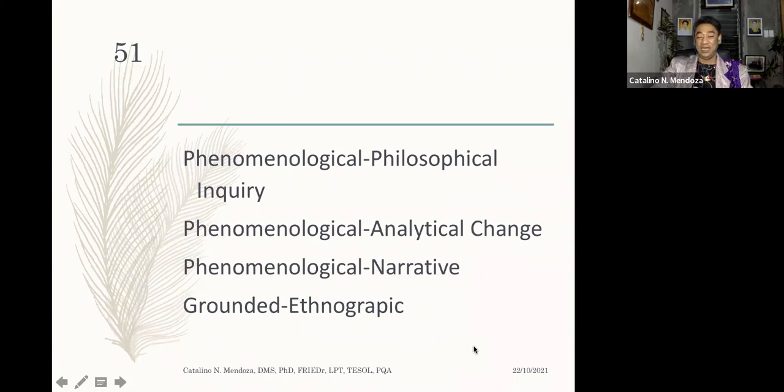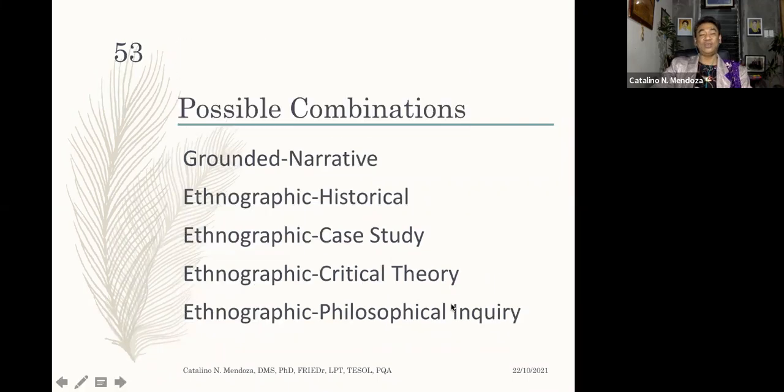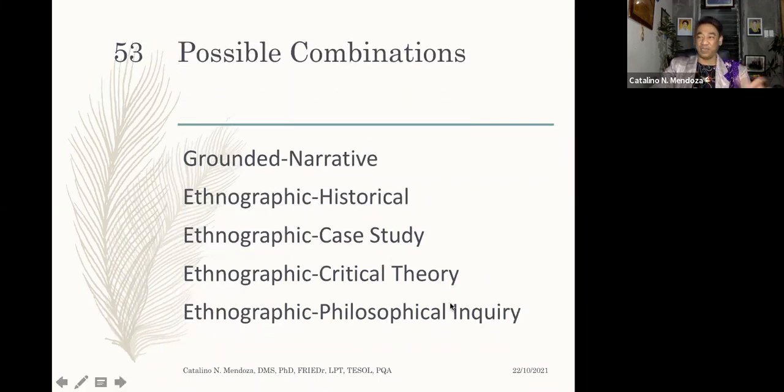Another one is grounded ethnographic, grounded historical, grounded case study, grounded critical theory, grounded philosophical inquiry, grounded analytical change, and grounded narrative. As I said a while ago, grounded can be checked with the narration of those people who participated in your research.